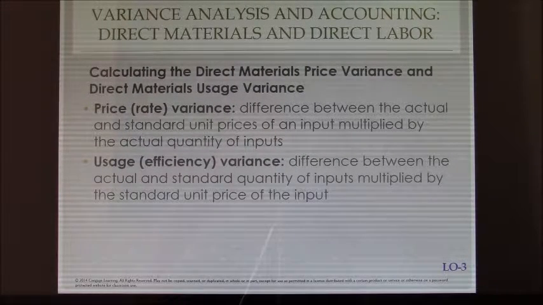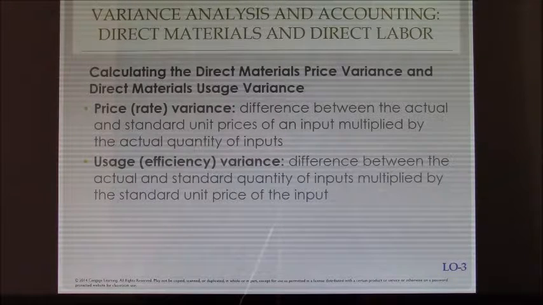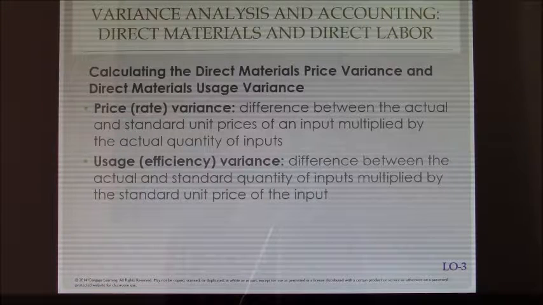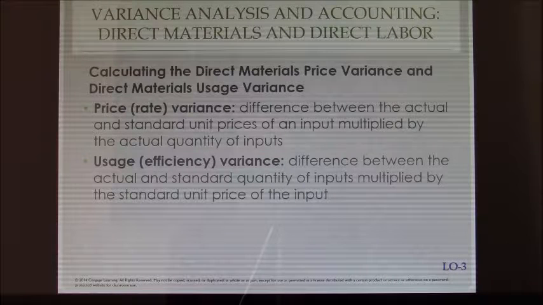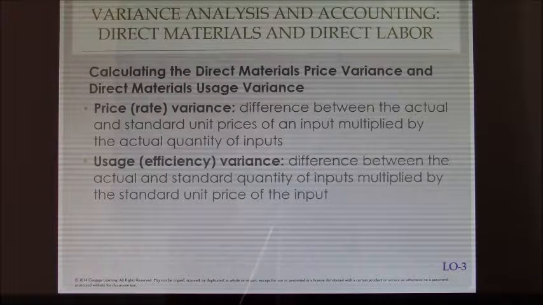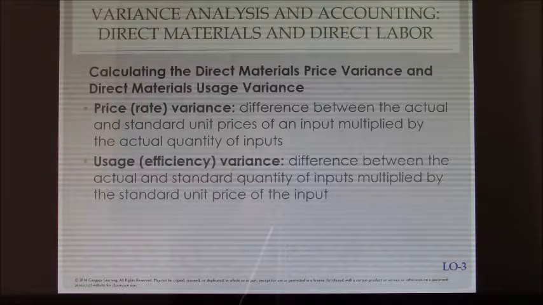Well, maybe the batch we used had a few bad strawberries, so we threw them out and we got some more strawberries, so we wound up using more than 8 ounces per quart. So we weren't very efficient with our usage of our materials, or price. Maybe we had to pay a little more, maybe it's not strawberry season, so the price went up a little bit. So how do we figure that out?